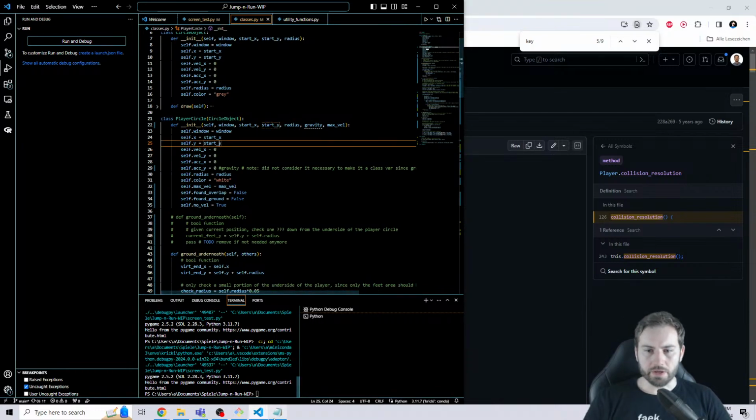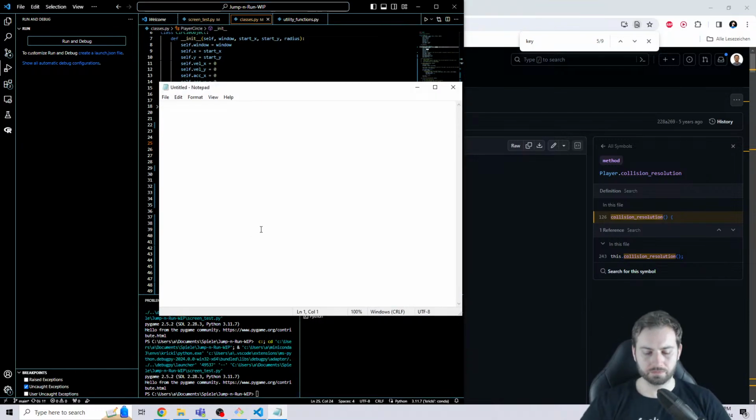So now let's think again. How to adjust the velocity based on bouncing off of something, right?